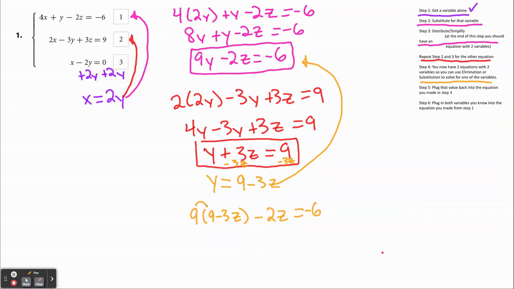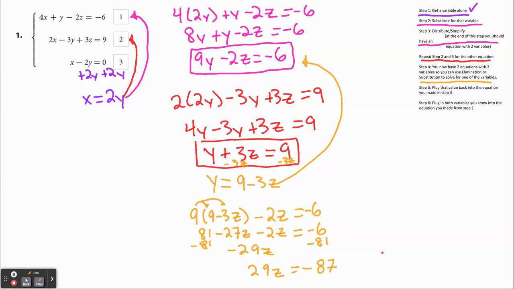Now I'm going to distribute and solve. So 9 times 9 is 81, minus 27z, minus 2z equals negative 6. Combining like terms here to get negative 29z. And I'm going to subtract 81 from both sides. That gives me negative 29z is equal to 87.